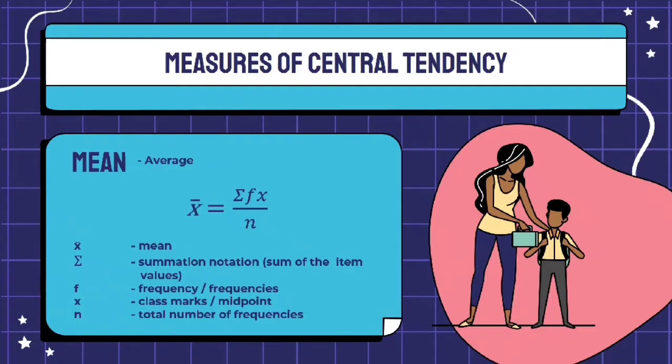To find the mean of group data, we will be using the formula mean is equal to summation of fx all over n, where sigma or the summation notation is the sum of the item values, f is the frequency or frequencies, x is the class marks, also known as midpoint, and n is the total number of frequencies.